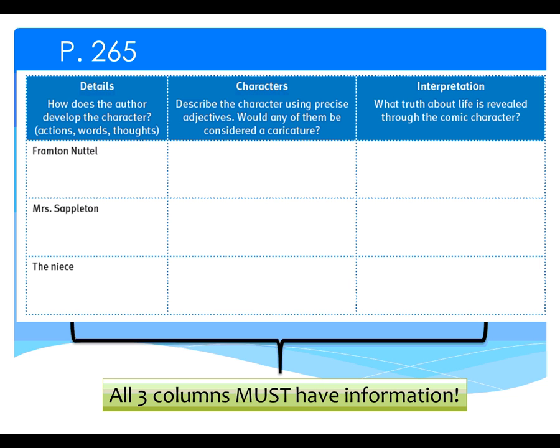All right? So in terms of Framton Nuttel, some adjectives that we could use to describe him outside of the basic being a nervous guy. How about the fact that he's extremely gullible? He believes a 15-year-old story and doesn't let common sense take over when he sees these men walking up a lawn. And we also have to remember that aside from this man coming in for a nervous cure, he's also really anxious as well as uncomfortable around people.